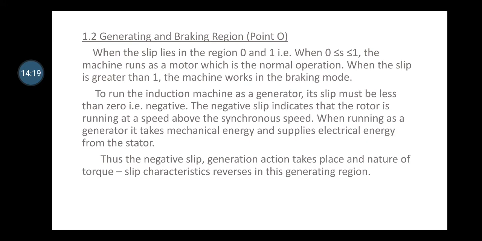Thus, with negative slip, generation action takes place, and the nature of the torque slip characteristic is reversed in this region. Means, in case of motoring action, the torque slip characteristic is the reverse of that of the generating.